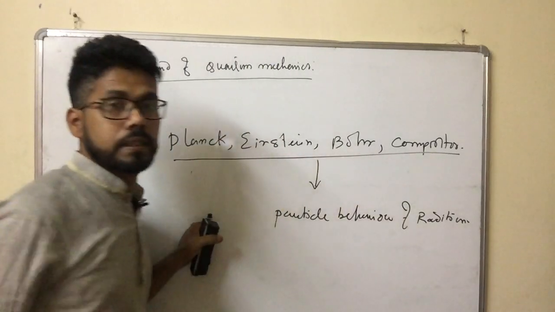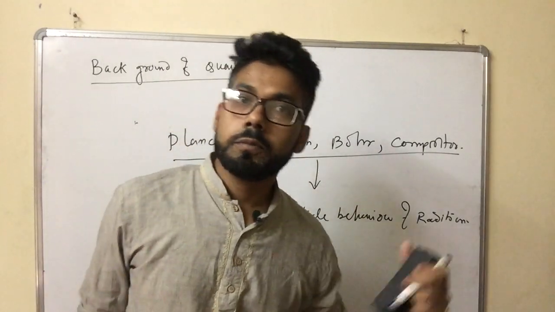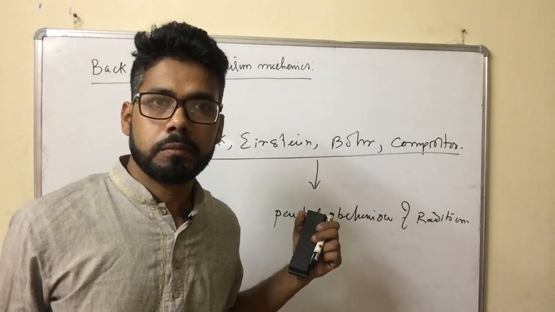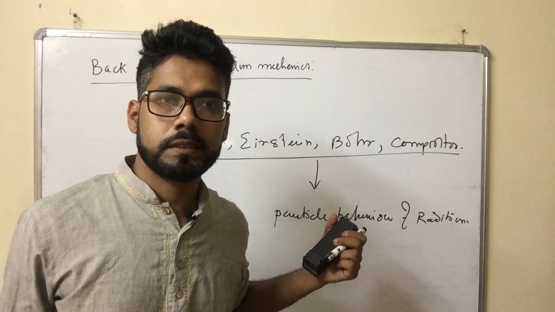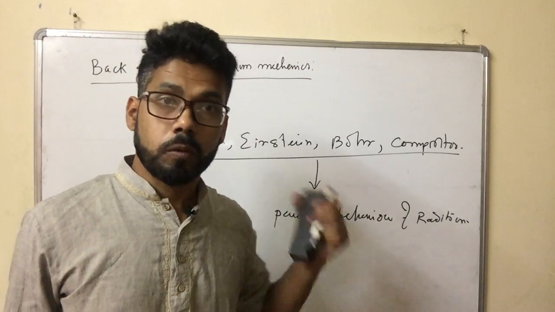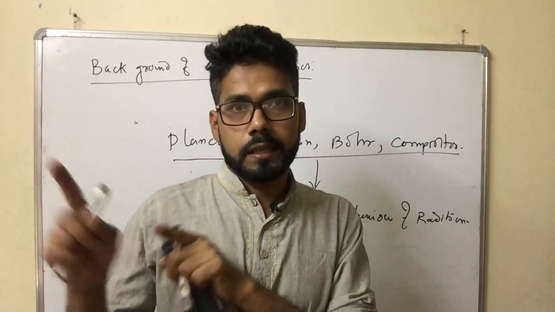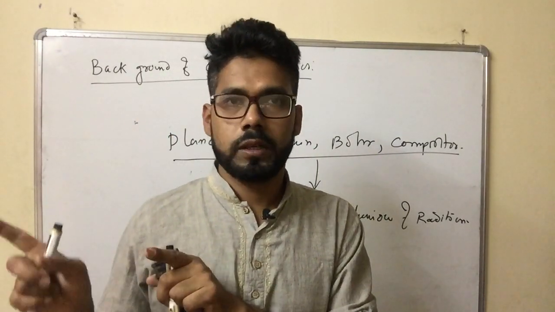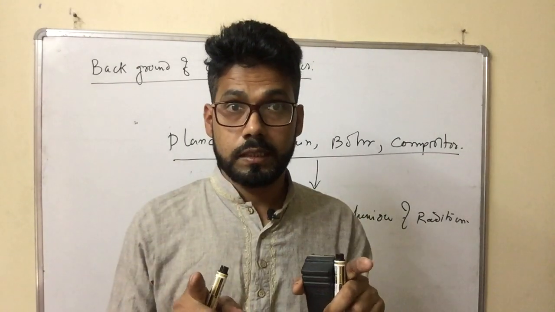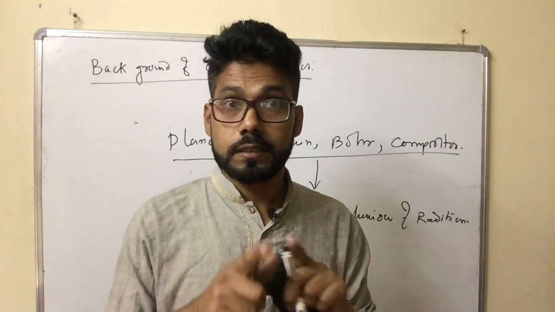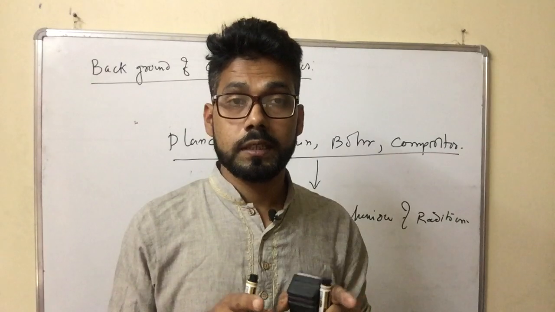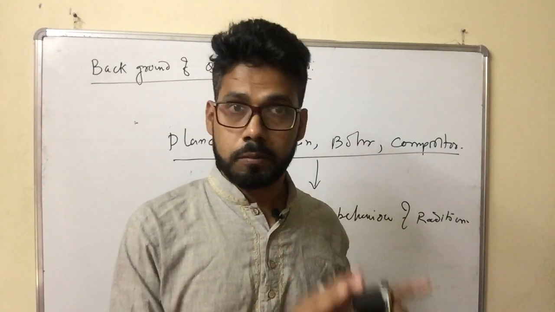And if we know that these experiments establish the particle behavior, how can you establish the wave behavior of radiation? The wave behavior of radiation can be obtained from interference, diffraction and polarization patterns. We already know in wave optics, not geometrical optics, light is an electromagnetic wave.